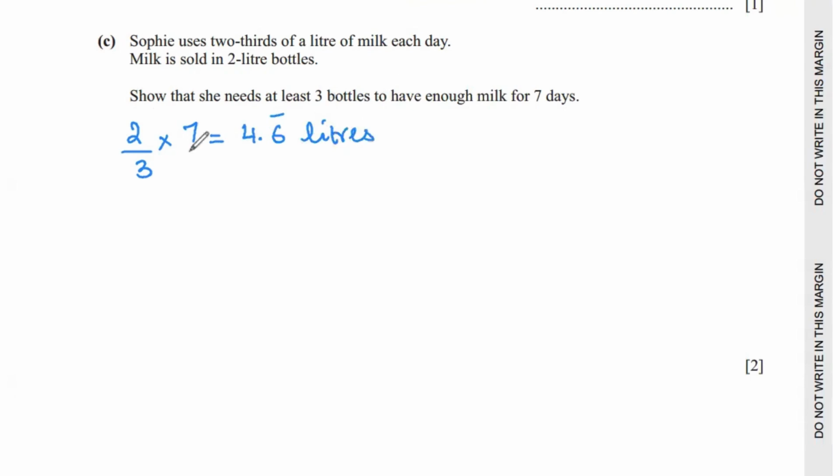This is the amount of milk she needs for 7 days. Now milk is sold in 2-liter bottles. So if we divide 4.6 recurring by 2, that will give us the number of bottles she will need to last for 7 days. So that's 2.3 recurring. So yes, she does need at least 3 bottles because we can't have 2.3 recurring bottles, it has to be whole. So 3 bottles will be required.